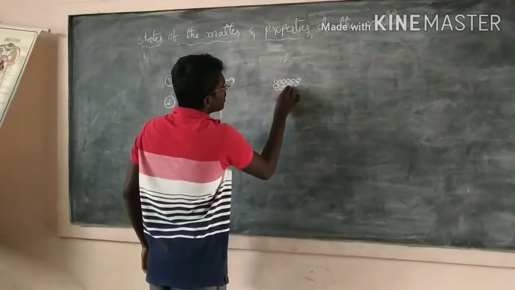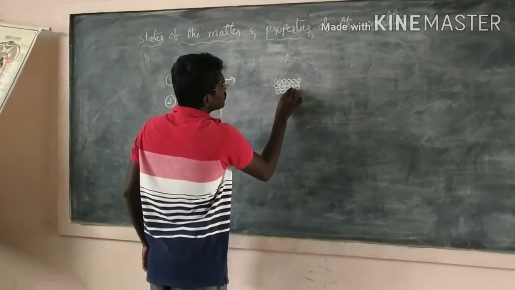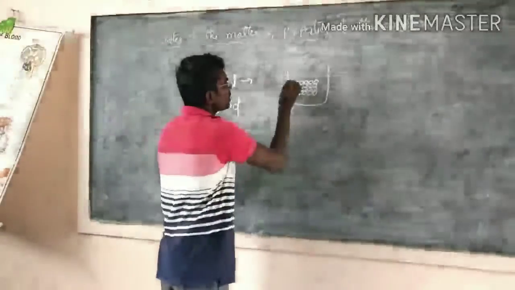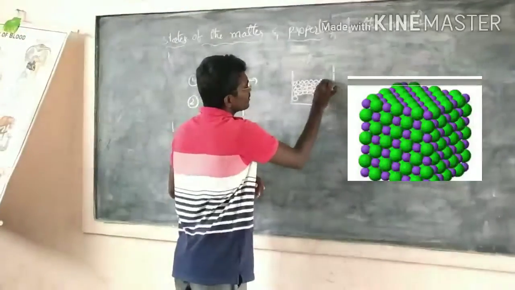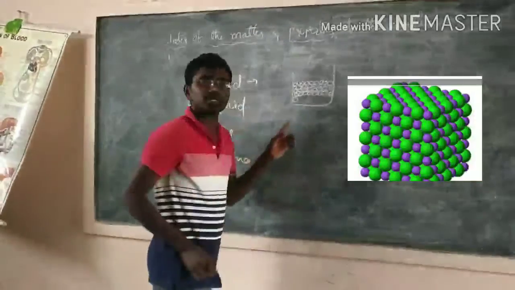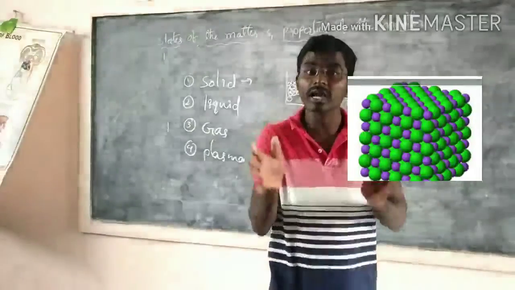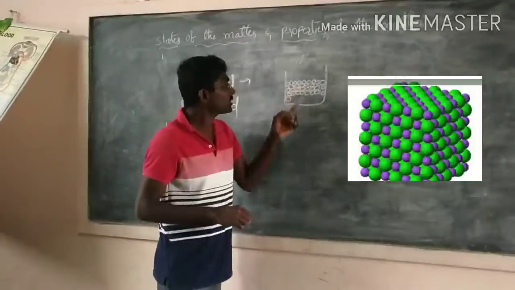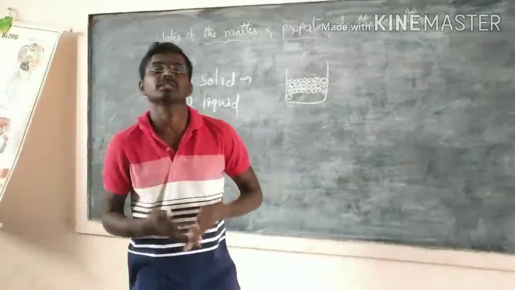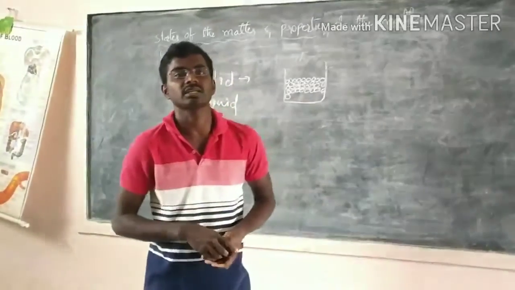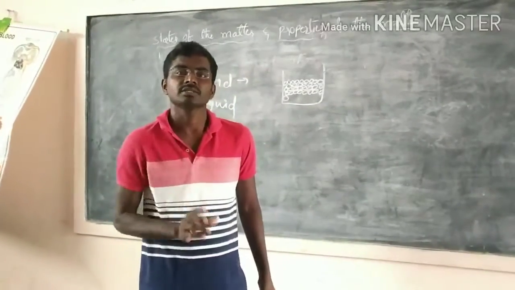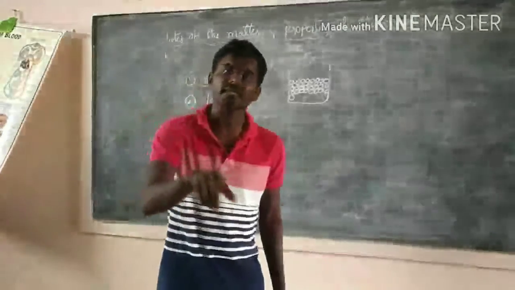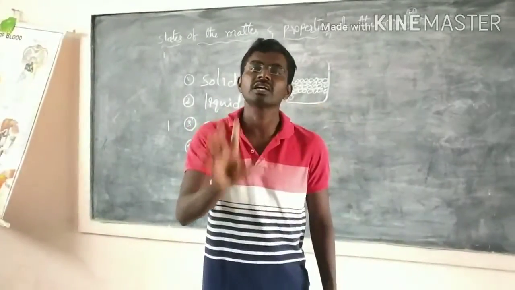If we take a solid, the solid particles are very close together. That means there is very little gap between the particles. They are tightly bound together. That's why the shape and volume of the solids remain rigid. If you keep the solids in any container, it will not change its shape and volume.